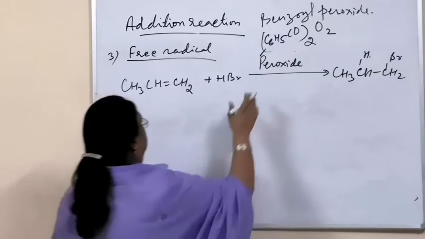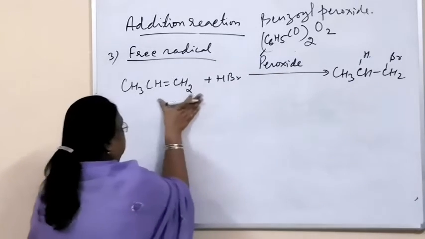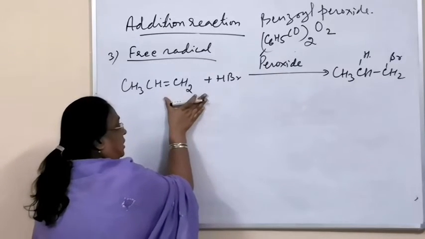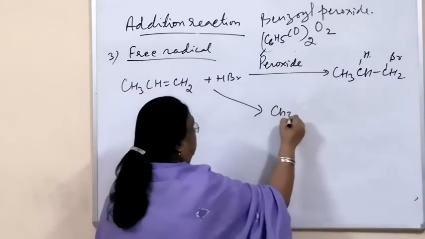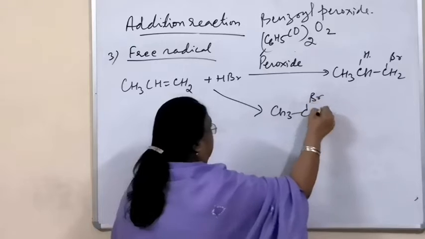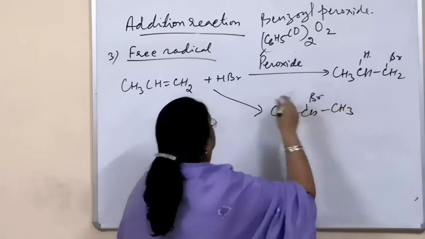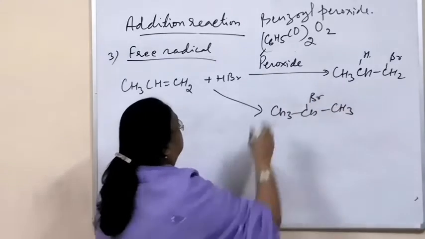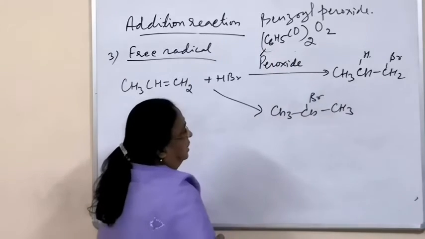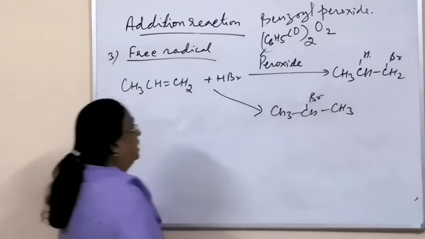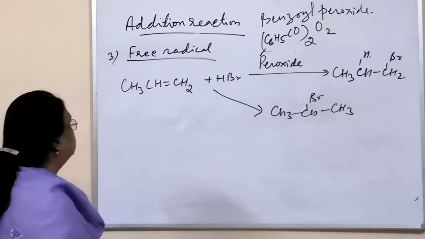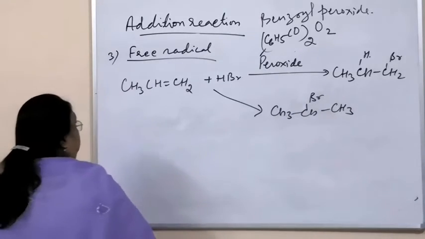So if this word peroxide you don't find, then the product will be 2-bromopropane. But if you find this word peroxide or this benzoyl peroxide on the arrow, then 1-bromo will be the main product, and the mechanism will be free radical.